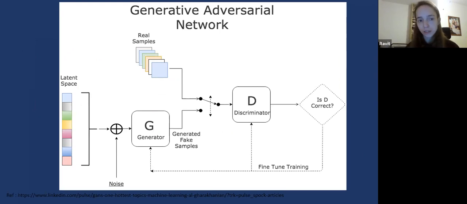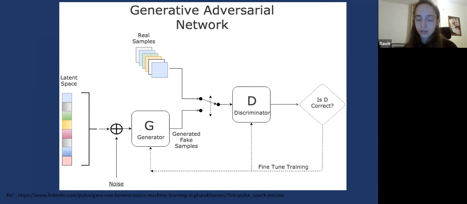The generator receives random input with noise and generates fake samples. And then the fake samples are fed into the discriminator with real samples. The discriminator's job is to discriminate whether the samples given to it are either real or fake.